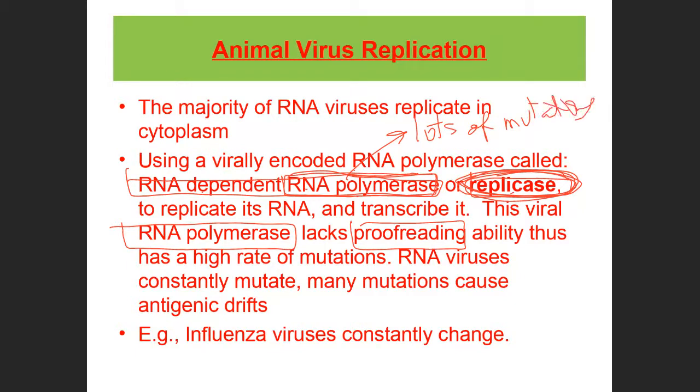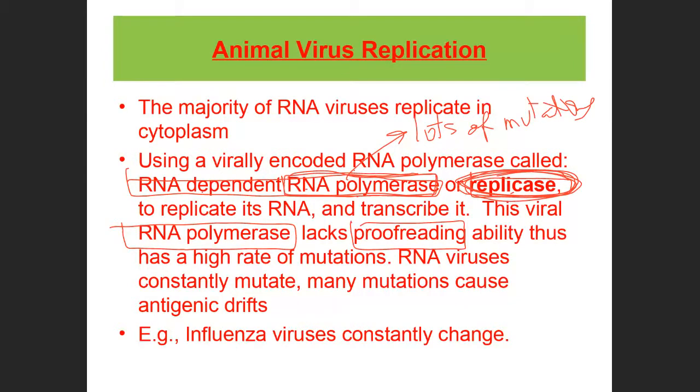So these will be viruses that mutate a lot. Case in point, the influenza virus mutates every year because it's an RNA virus. The RNA-dependent RNA polymerase that it uses causes lots of spontaneous mutations due to lack of proofreading ability. We get mutations every year.